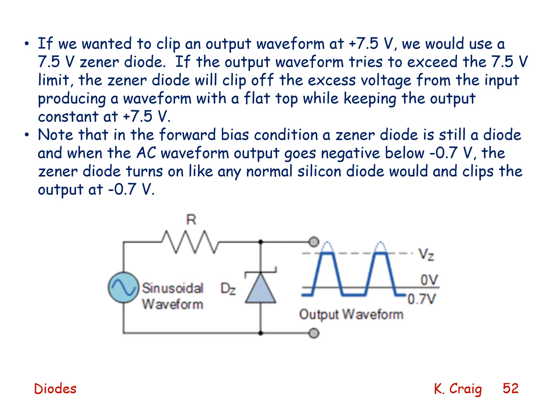Note that in the forward bias condition, a Zener diode is still a diode, and when the AC waveform output goes negative, below minus 0.7 volts, the Zener diode turns on like any normal silicon diode would and clips the output at minus 0.7 volts. And we see that here.